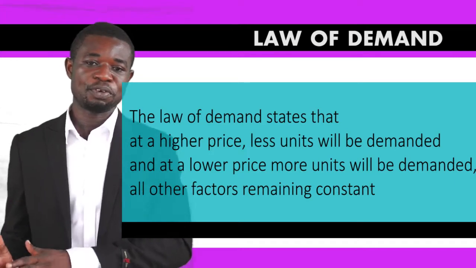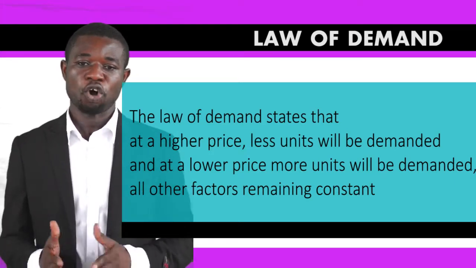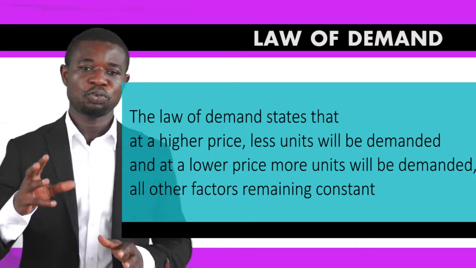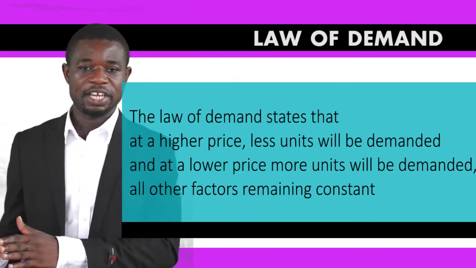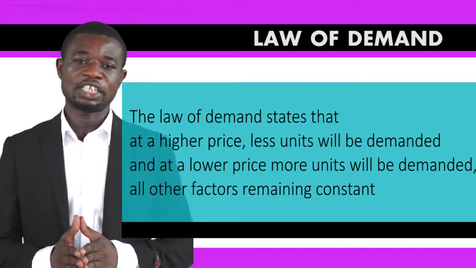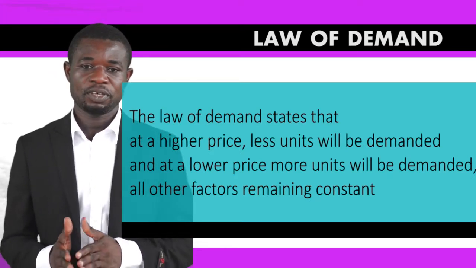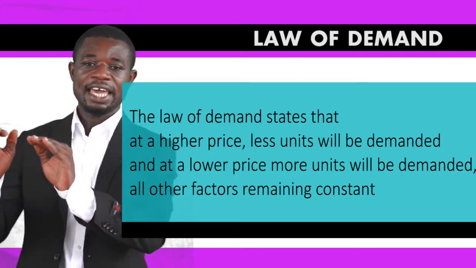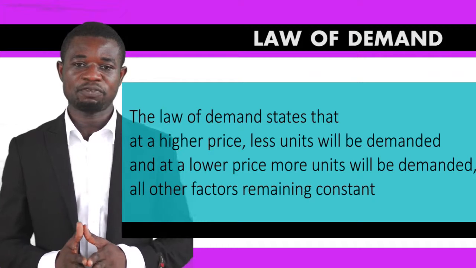All other factors remaining constant or unchanged. Remember not to ignore that final phrase which says all other factors remaining unchanged. The other factors that we are holding constant in this situation are the demand shifters.